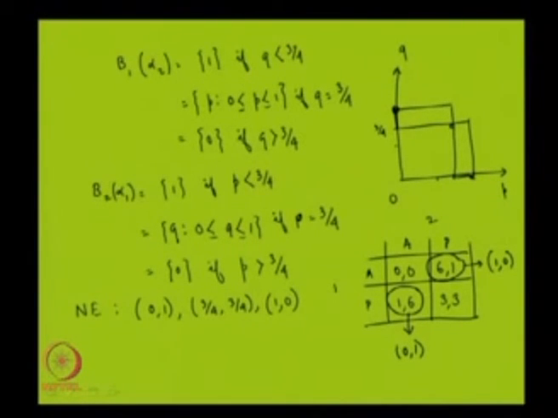The third Nash equilibrium, which we have not seen with the aid of pure strategy Nash equilibria, is that Nash equilibrium where 3/4 is the probability attached by each player on the action A. So, that is it.